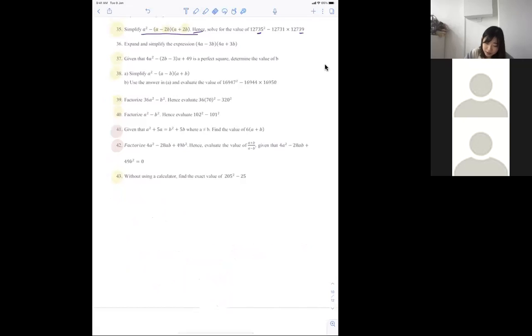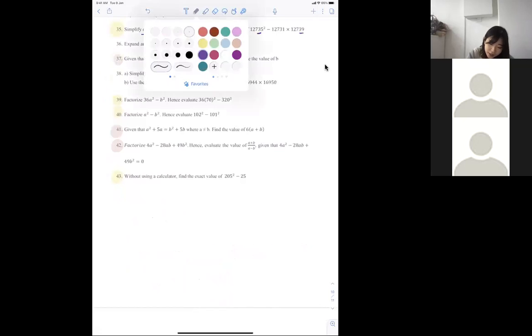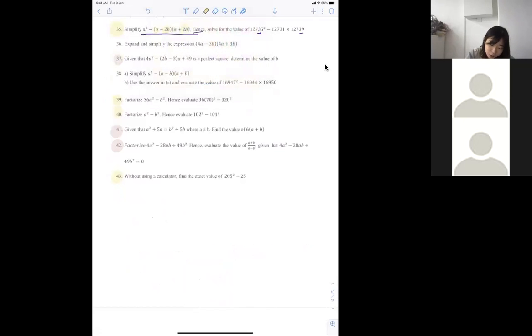Before I do 37, can I let you guys try 38 first? 38 and 35 very similar, I just realized. Let you try 38 first, using the same concept as 35.